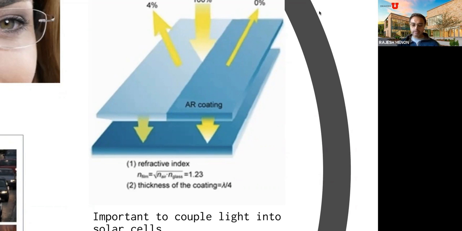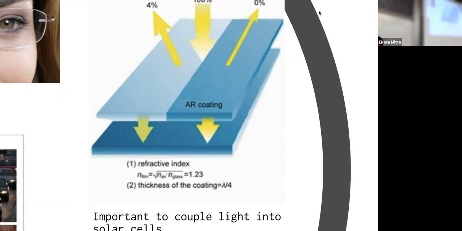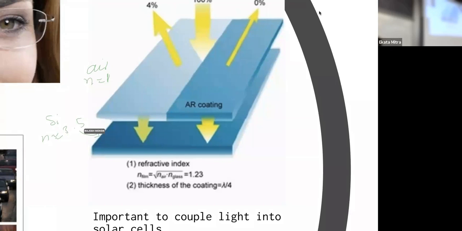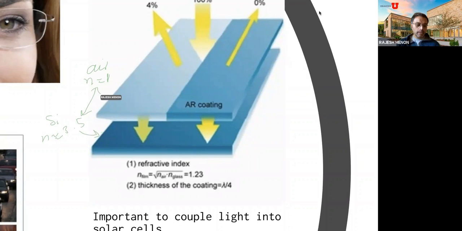So intuitively, the way to understand this is the following. The reason you're getting the reflection is because of the refractive index mismatch between the air, which of course has a refractive index of 1, and whatever it is that you're trying to absorb into. Let's say it's silicon, the refractive index of silicon is about 3.5. Now, this mismatch between 1 and 3.5 is what's causing this kind of reflection.